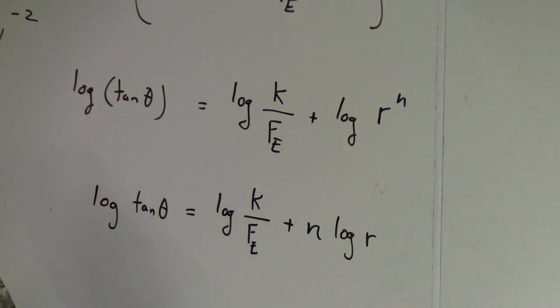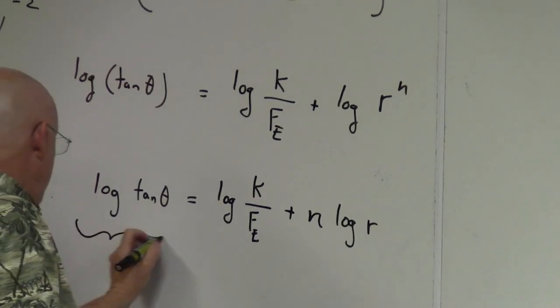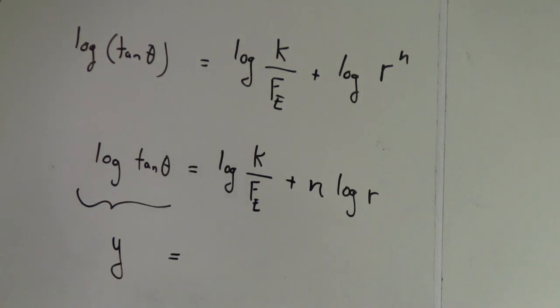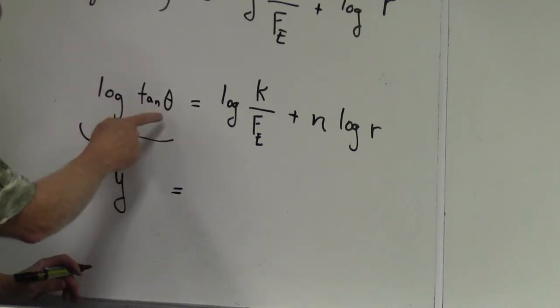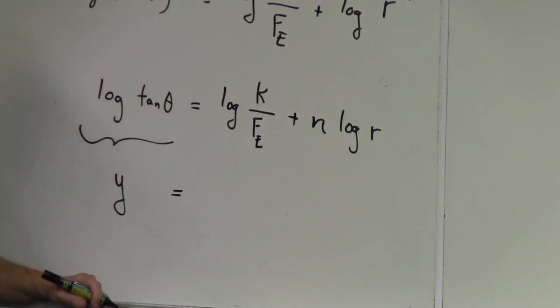Now I got to admit, when you first look at this it looks like a messy equation, but watch this for a moment. If you think about this whole thing being plotted on the y-axis, see the whole thing, not plot theta, not plot tangent of theta, but plot the log of the tangent of theta, and you call that y.